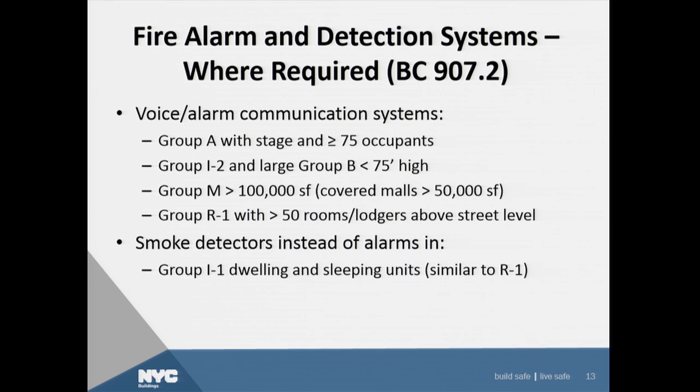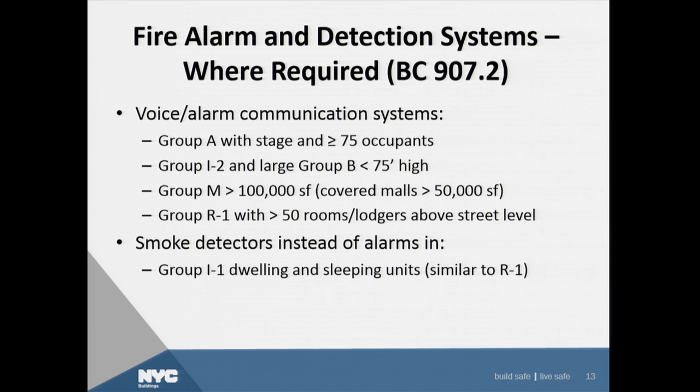Group M, that's mercantile, 100,000 square feet, and covered malls greater than 50,000 square feet. And Group R-1, those are hotels with greater than 50 rooms or lodges above the street level. A voice alarm communication system. Now, in I-1 occupancies, I-1 are assisted living, that's the provision of personal care services to people in residential environments, basically assisted living.